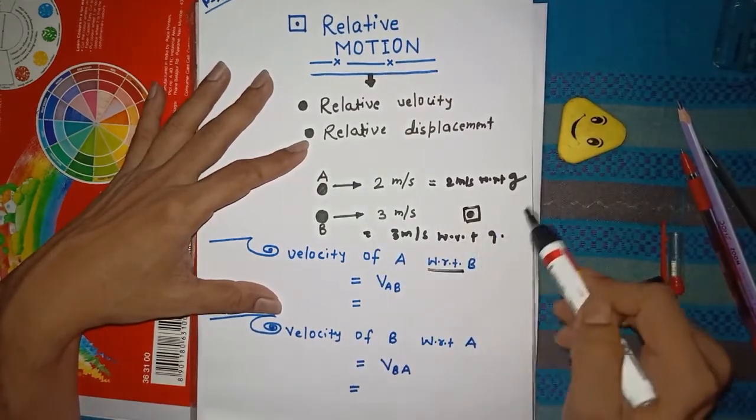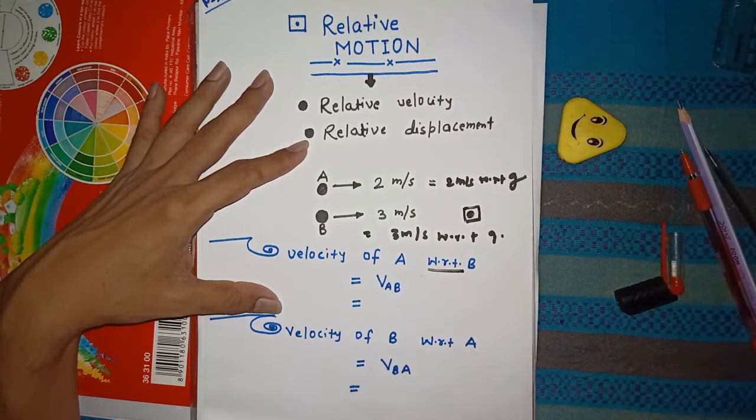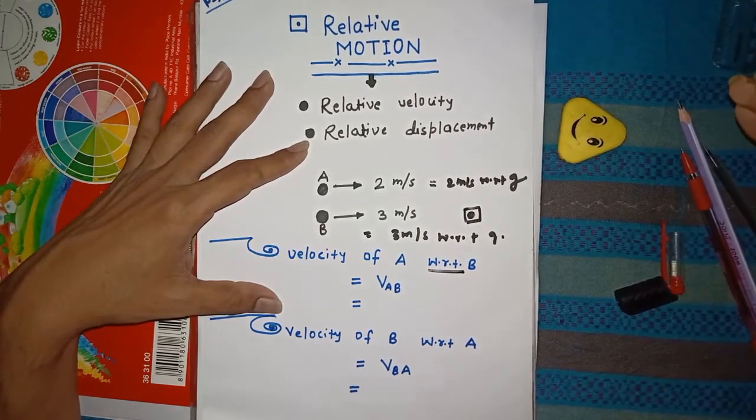Likewise, if you take the ground as reference frame, you treat the ground as at rest, but the ground is not really at rest because it is moving with the speed of the earth.